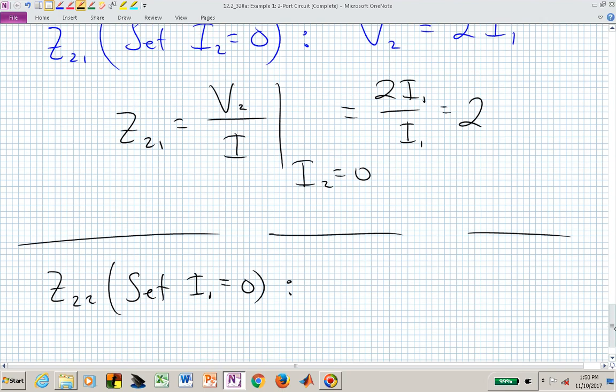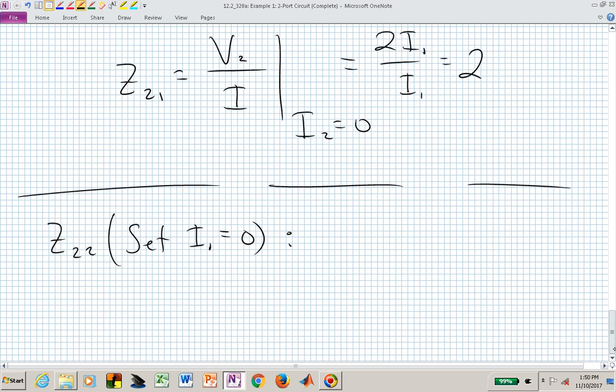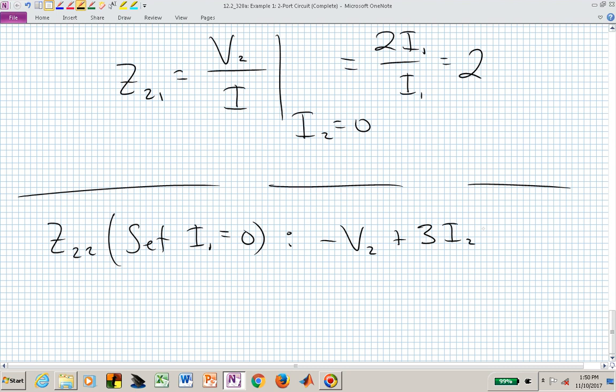And now we have minus V sub 2 plus 3I sub 2 plus 2I sub 2 is equal to 0.